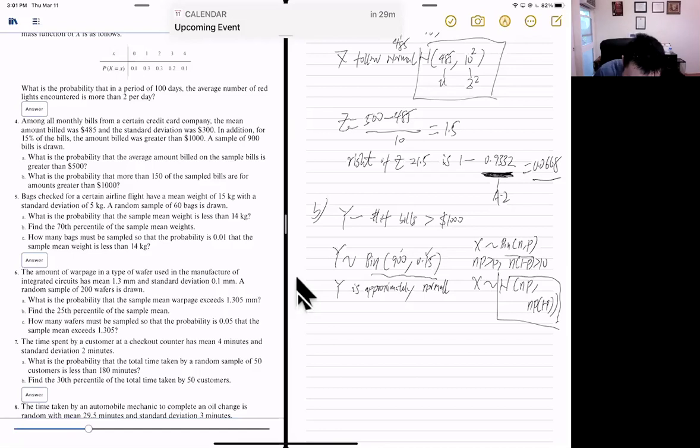Then we need to check if NP is larger than 10, and N times 1 minus P larger than 10. If so, we can use normal distribution to describe that.